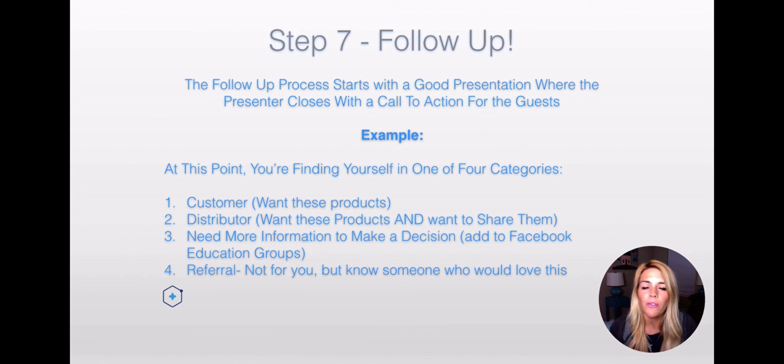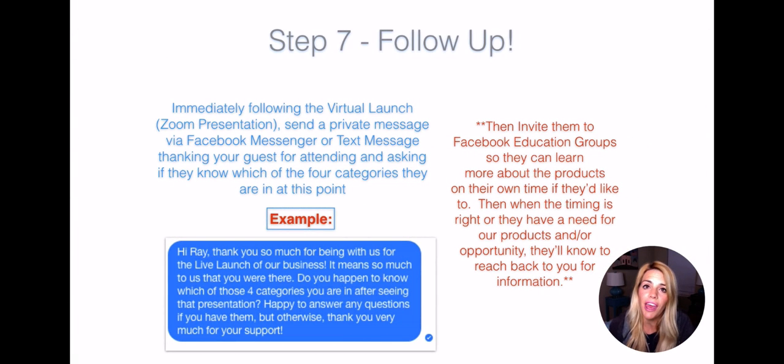So now your follow-up process is very simple. You just need to go back to each individual and ask them if they know which category they're in. But first, before you do that, remember, gratitude always. So thank them for being there. Thank them for their support. Let them know that you're excited either way and no pressure, but you would just love to know if they know what category they're in at this point.